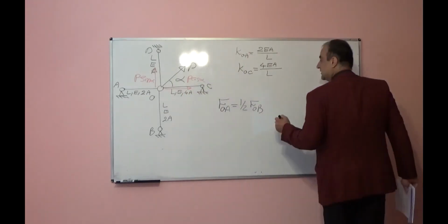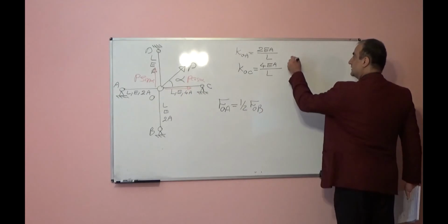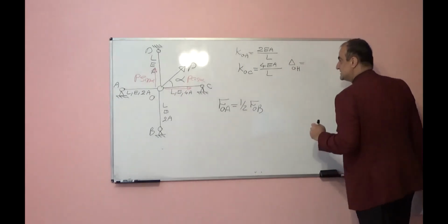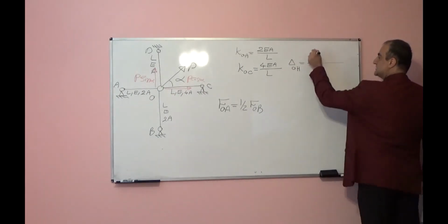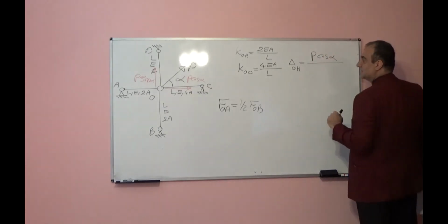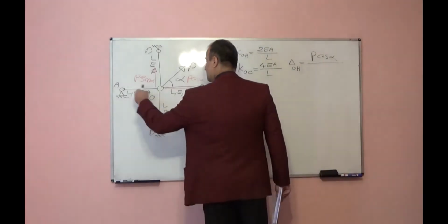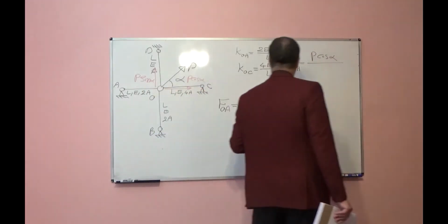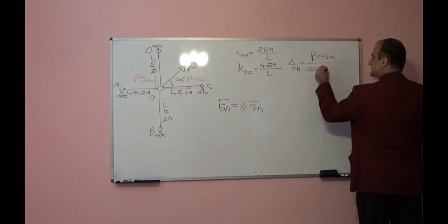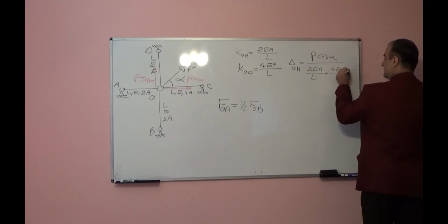So I can write delta O in horizontal direction is equal to force in horizontal direction, P cosine alpha, divided by total stiffness in horizontal direction. Because the deformation is equal, they are in parallel, so the equivalent stiffness is equal to the summation of these 2.